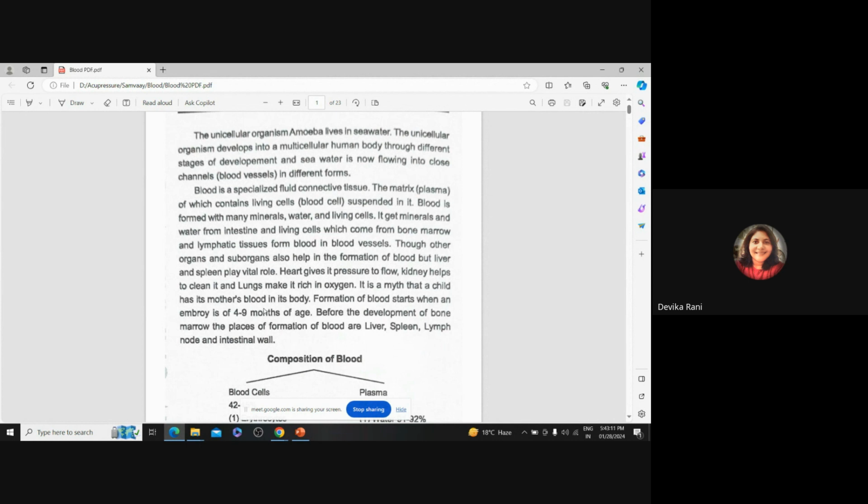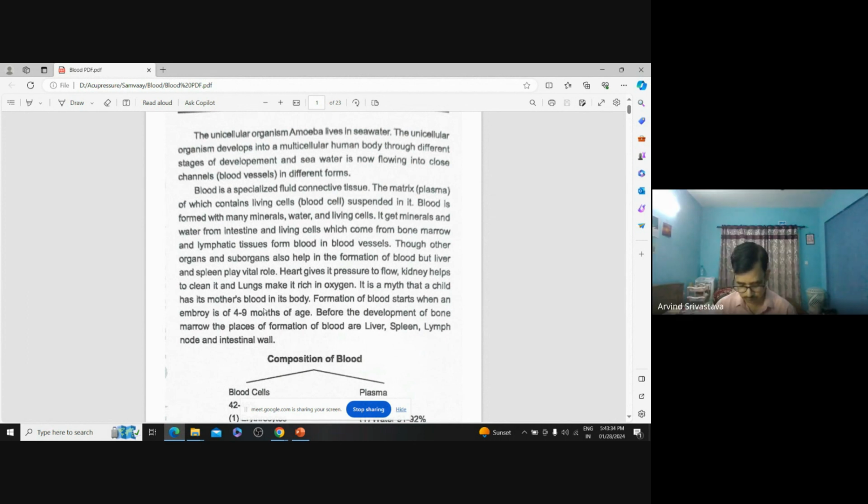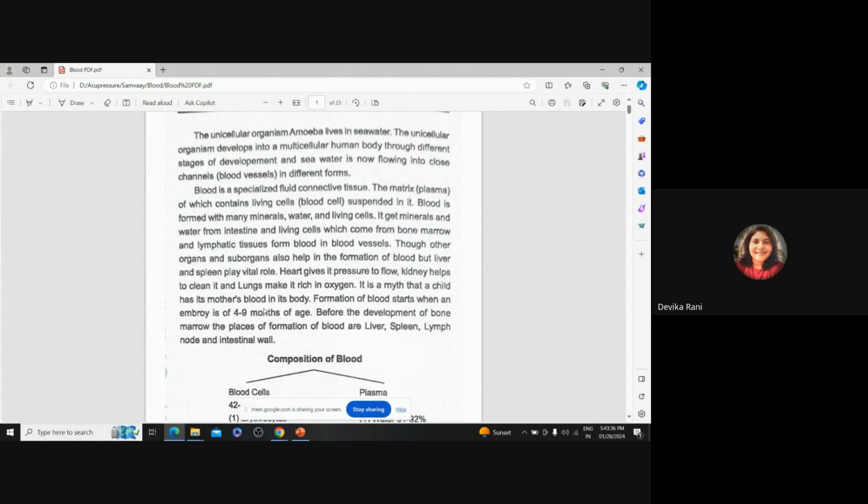They continue to help in blood formation even later. So blood is not only formed from the bone marrow. Yes, blood cells are formed from the bone marrow, but since blood contains various other minerals, oxygen, and blood cells, a lot of other organs also help in its formation.